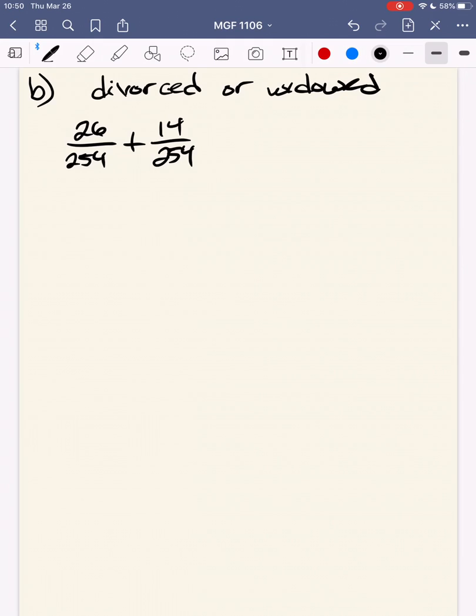That's not even a category, so there are 0 people that are both divorced and widowed. That information's not available, which means it's a 0. And that simplifies to 20 over 127 as a simplified fraction, which is about 16 hundredths.